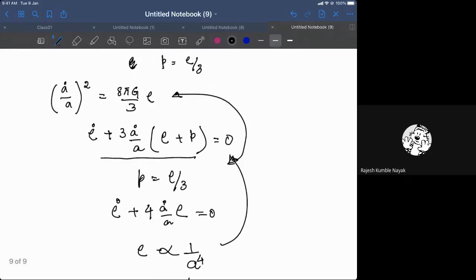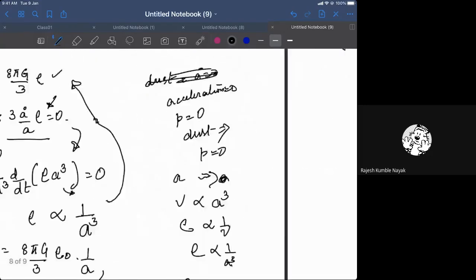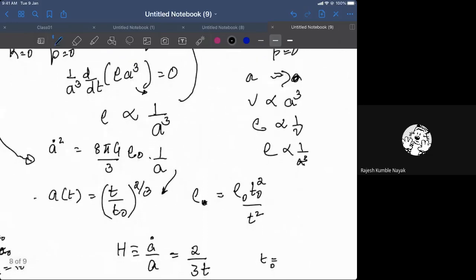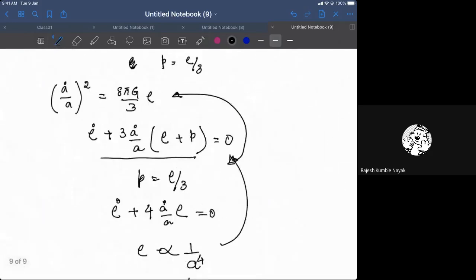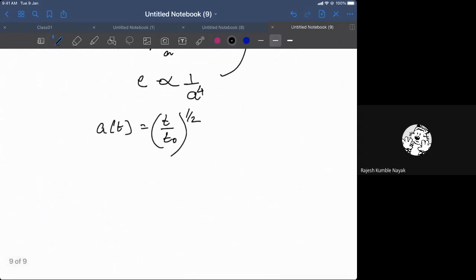Earlier, in the case of dust, it is 2/3. In this case, it is a half. So this goes faster now, and the other one goes slower. We can also write the density in terms of time.